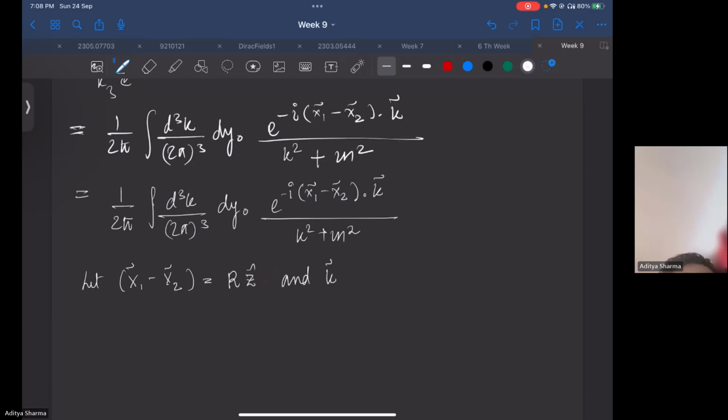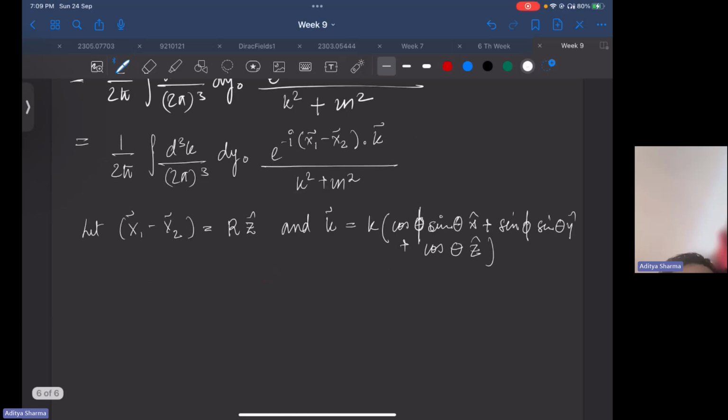And k vector can be written in spherical polar coordinates as k times cos phi sin theta x cap plus sin phi sin theta y cap plus cos theta z cap.